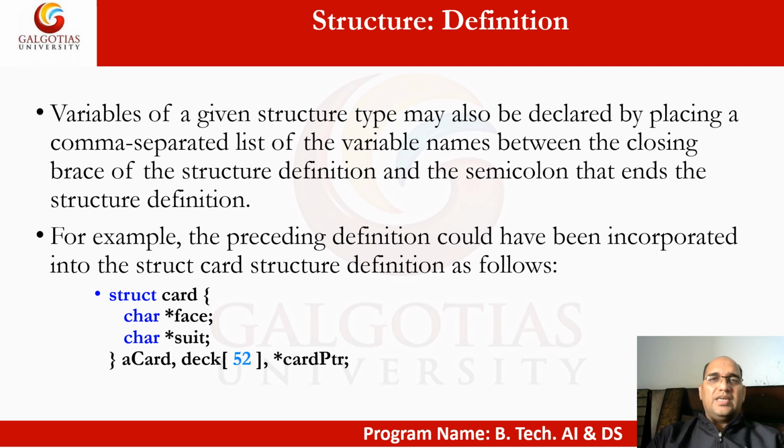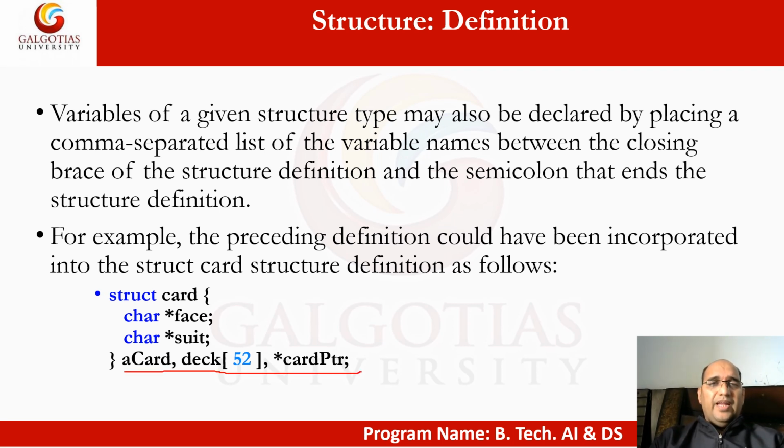Variables of a given structure type may be declared by placing a comma-separated list of the variable names between the closing brace of the structure definition and the semicolon that ends the structure definition. For example, the preceding definition could have been incorporated into the struct card structure definition as follows. What we want to tell you here is that the declaration can be written at the end like this.